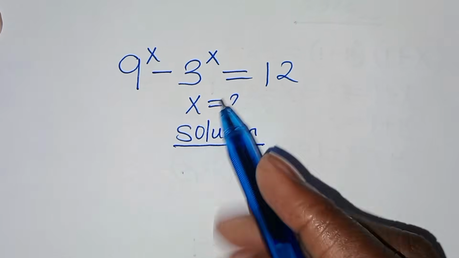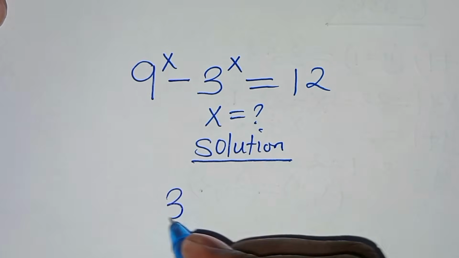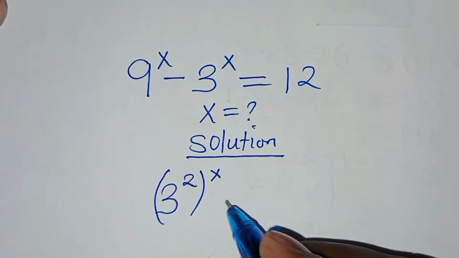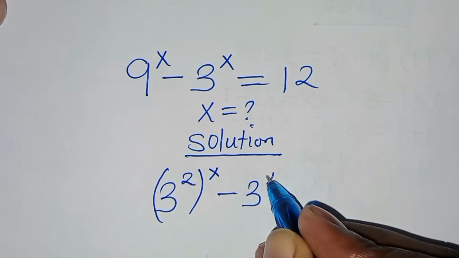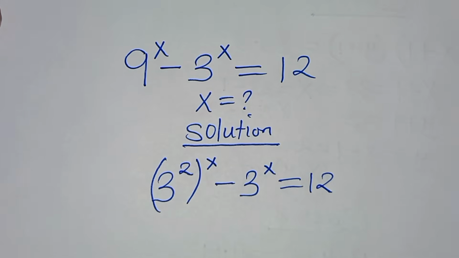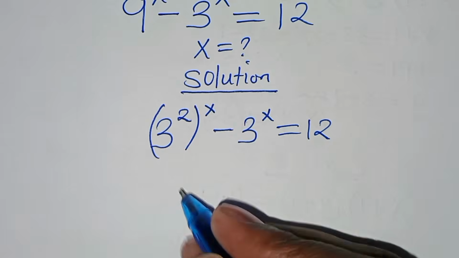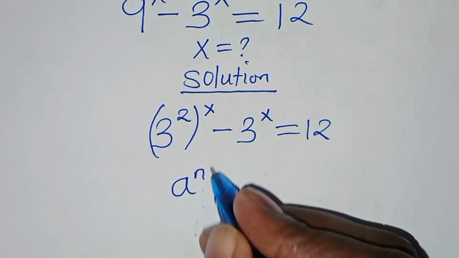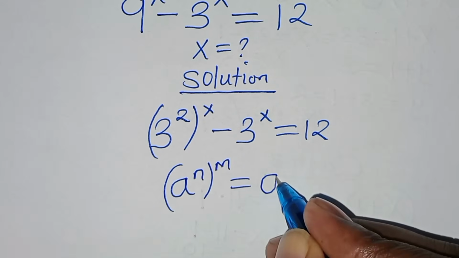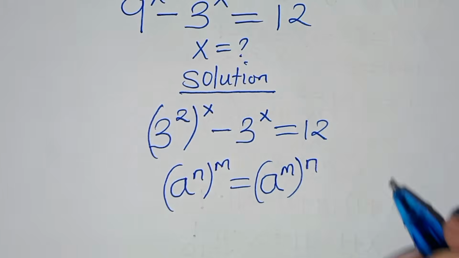So from what we have here, we can express 9 to power x as 3 to power 2 raised to power x, subtract 3 to power x. This is equal to 12. Now, the next step from here, 3 to power 2 raised to power x, this is in the form of a to power n raised to power m, which we can express as a to power m raised to power n.